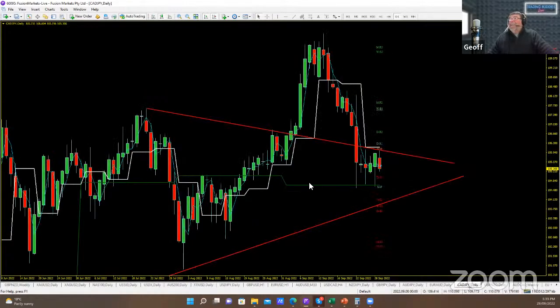Now, as I said before, I say it all the time, I think CAD's probably my favorite currency long term. And the yen is all over the shop, both short and long term.